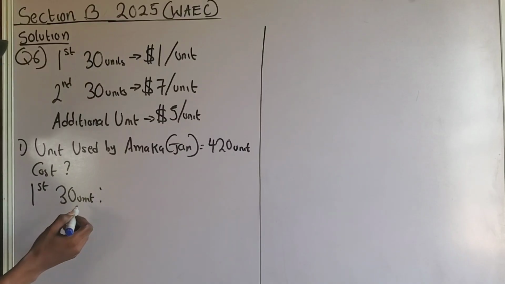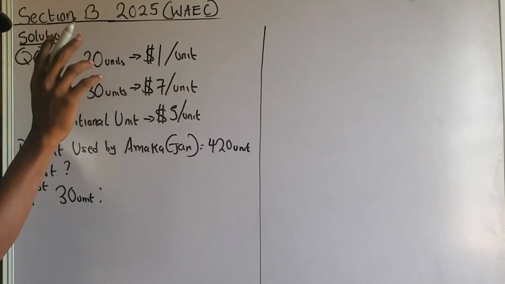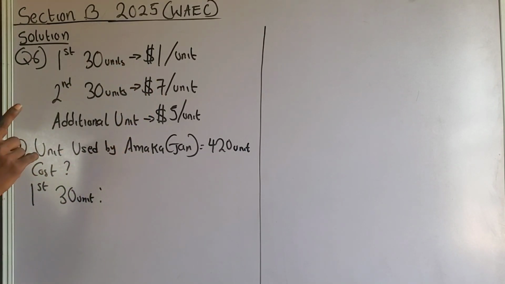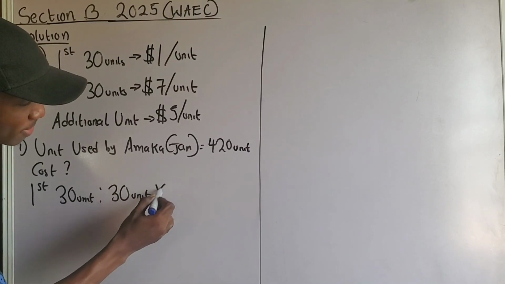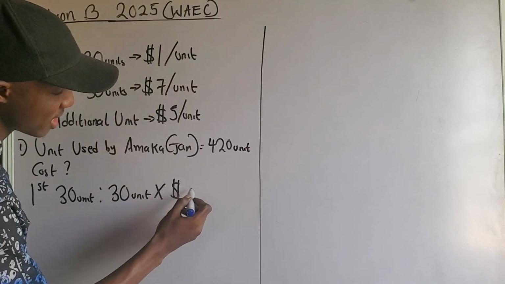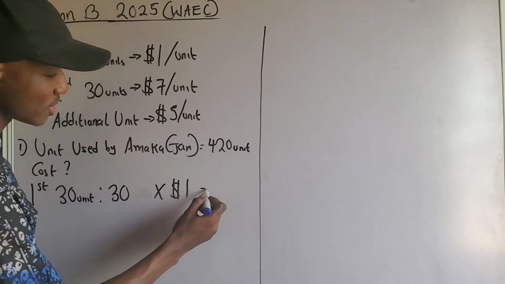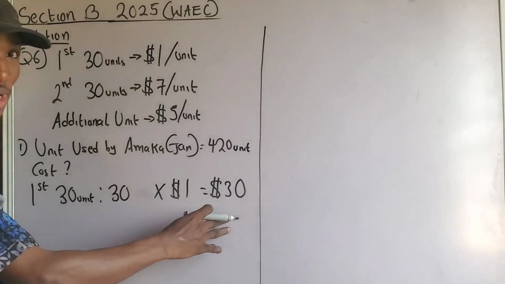The cost of the first 30 units is $1 per unit. So the first 30 units consumed by Amaka will be 30 units multiplied by $1. That is 30 times $1, which is $30. So the cost of the first 30 units consumed by Amaka is $30.